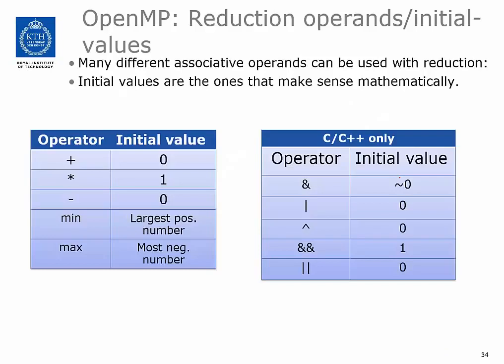So here we see some of the operations you can make on it. You can do plus, multiplication, subtract, minimum and maximum, and in C you can also do bitwise and, bitwise or, bitwise exclusive or, logical and, logical or.